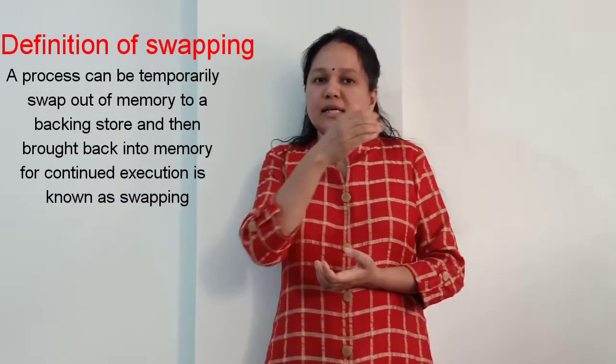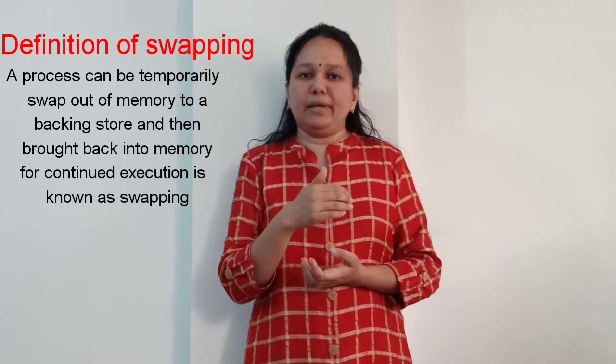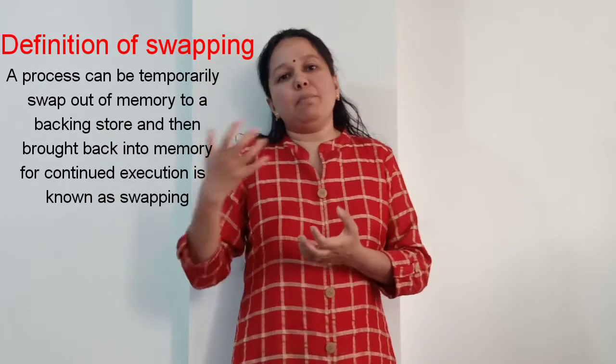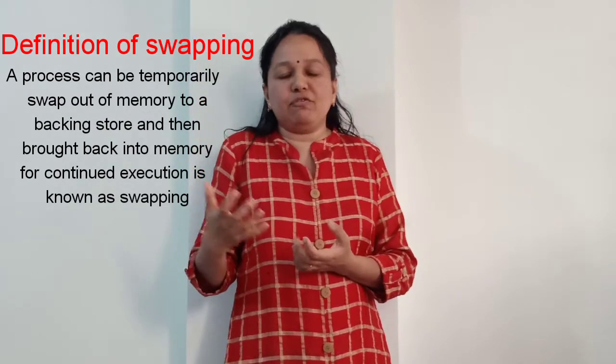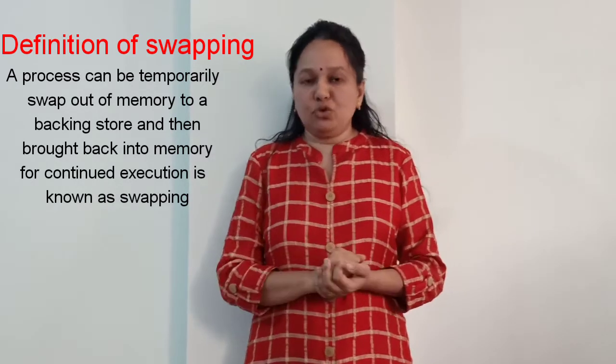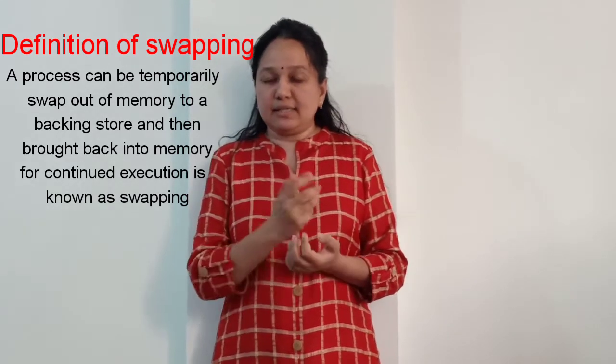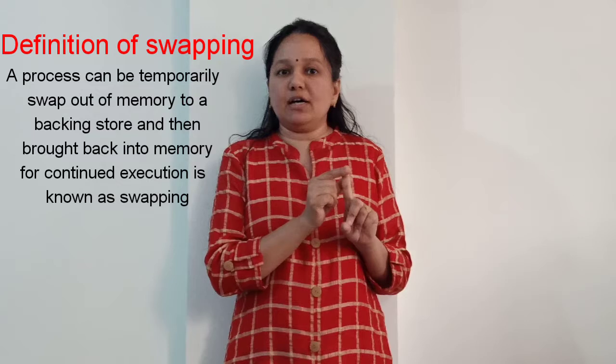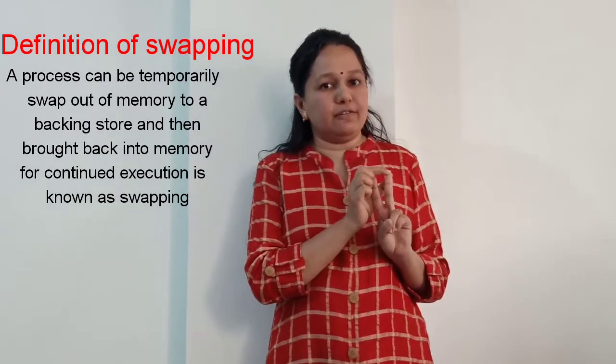So for this successful swap out and swap in, memory needs a backing store that must be a fast drum or fast disk. Now it must have two qualities, as I told earlier: it must be fast and it must be large enough.